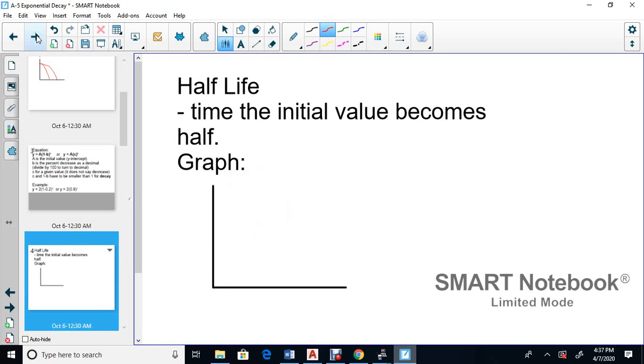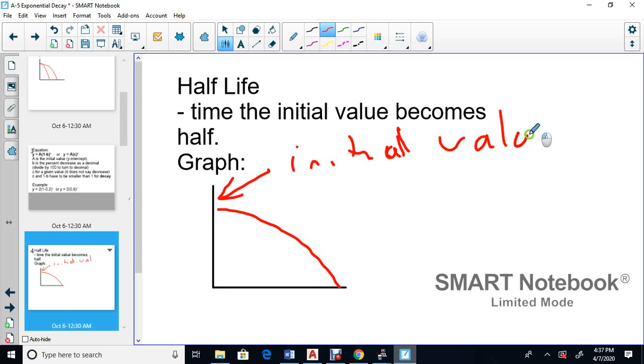Oh, half-life. What is half-life? So if the graph comes down like this, over here this is the initial value. That's the start, the first number.